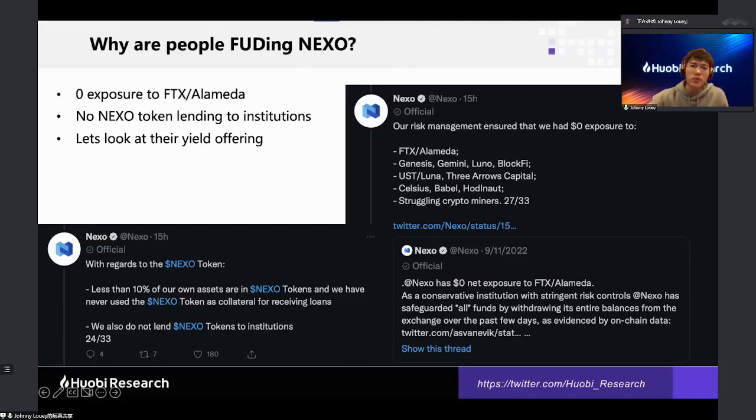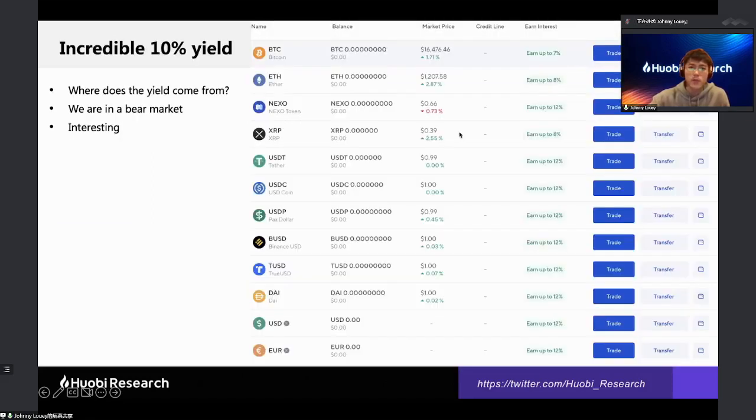After BlockFi, some people on Twitter are already saying Nexo is next, and people are really worried about Nexo, because I gotta show you this one. Nexo is offering incredibly high yield for their customers.